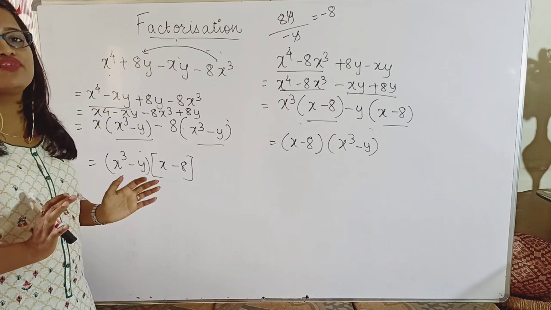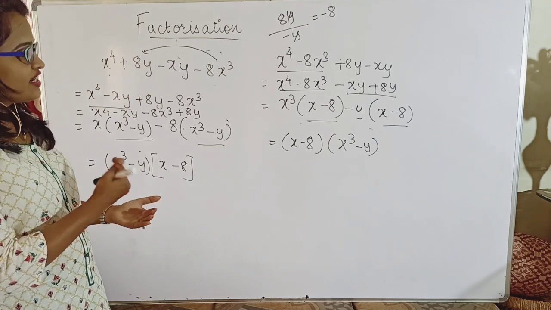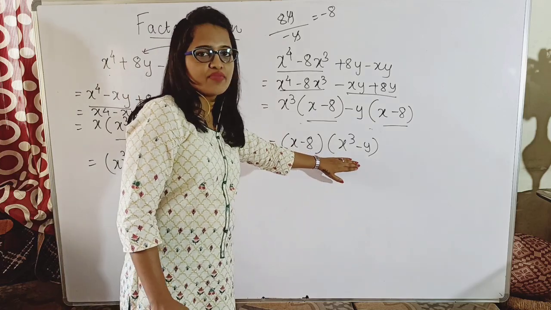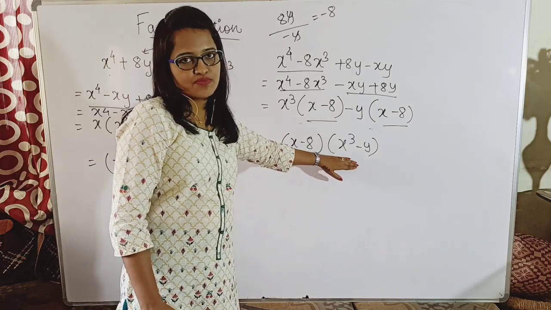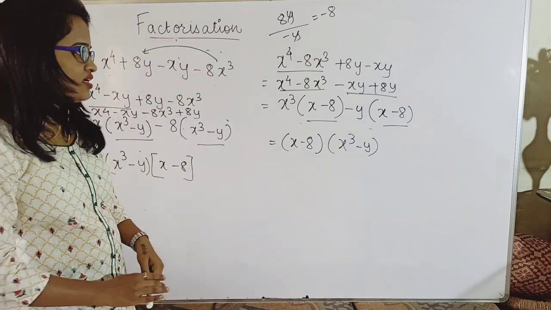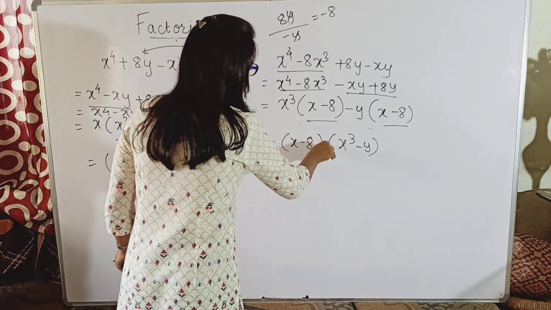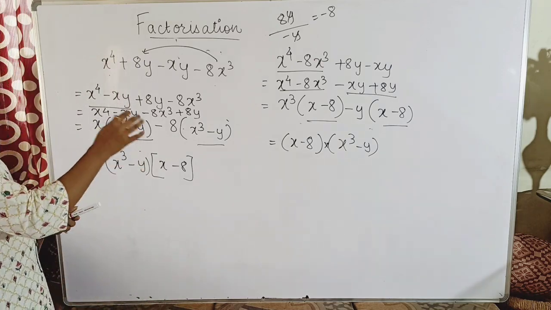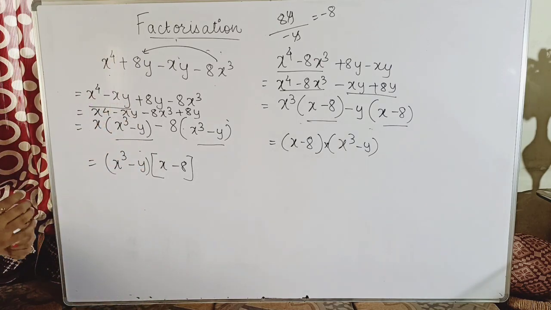So you have to rearrange the terms so that you can take that common bracket again common, and whatever terms are remaining you will get at the last place. And the final answer should have a multiplication sign in it. Then only we will call it factorized. If you are getting any other sign like plus or minus, it means that you have not factorized it completely.